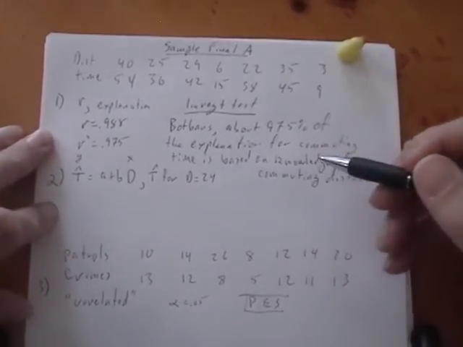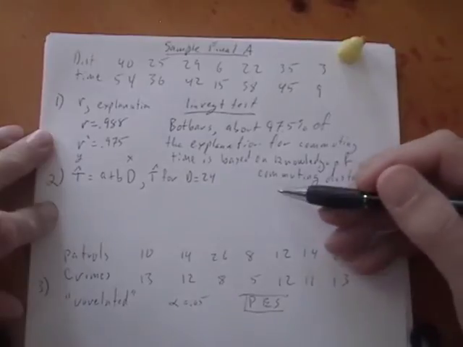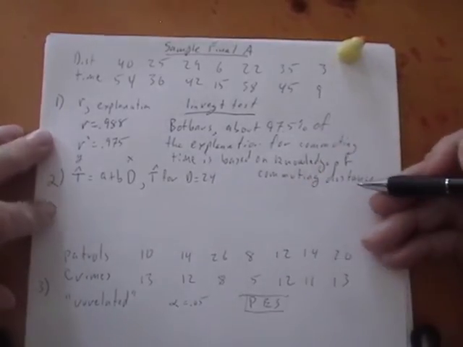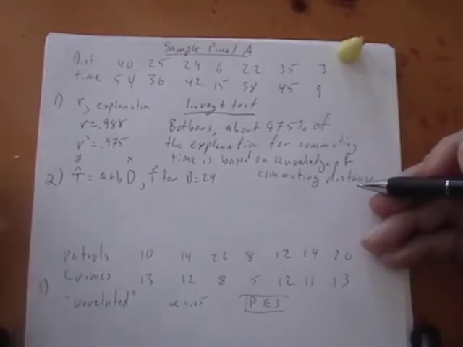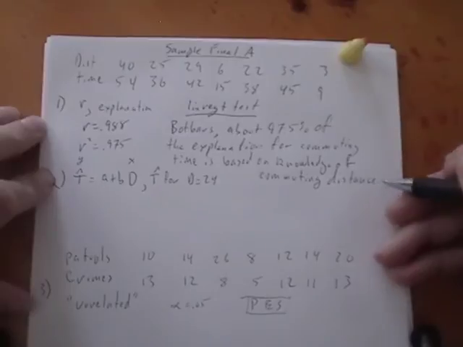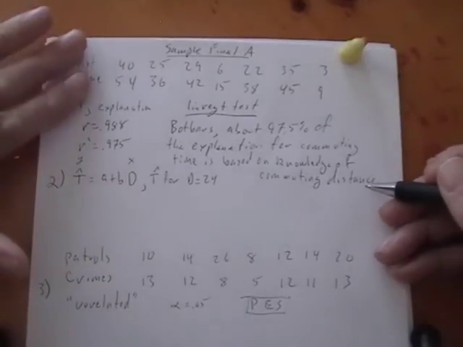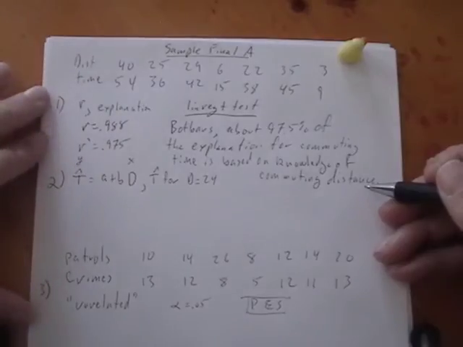You're explaining how the two things are related. So in this case, I'm talking about time being based on distance. Commuting time is based on lots of things, including the path that you take, but apparently distance for this set of data was one of the primary features.